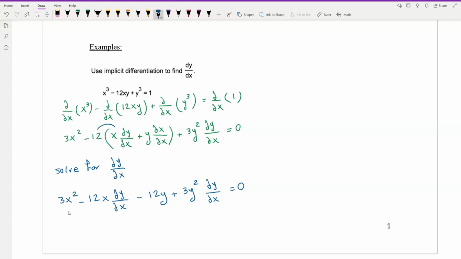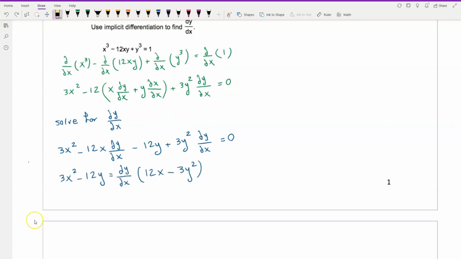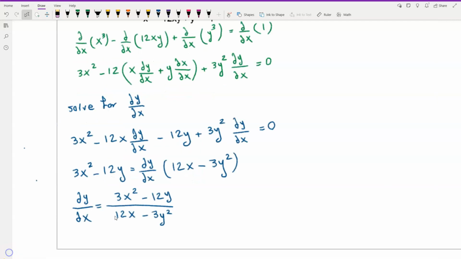So we have negative 12y plus 3y squared dy divided by dx equal to 0. And what we have here is 3x squared minus 12y equal to dy over dx times 12x minus 3y squared. So dy divided by dx is equal to 3x squared minus 12y divided by 12x minus 3y squared.